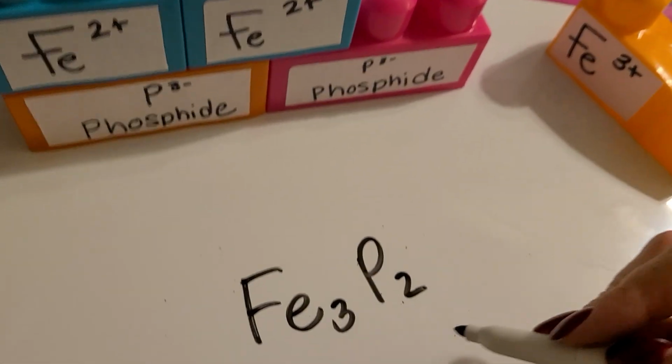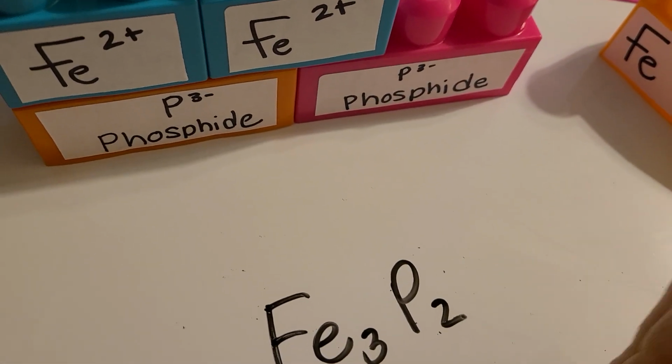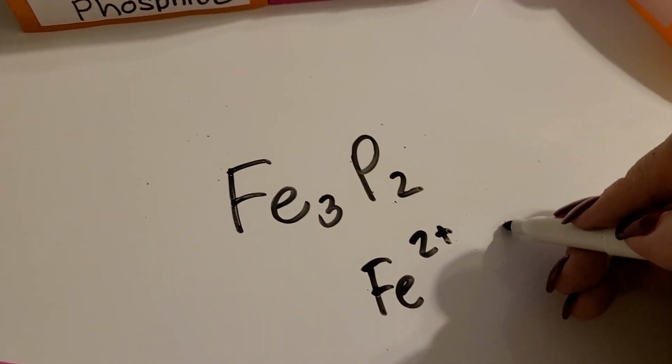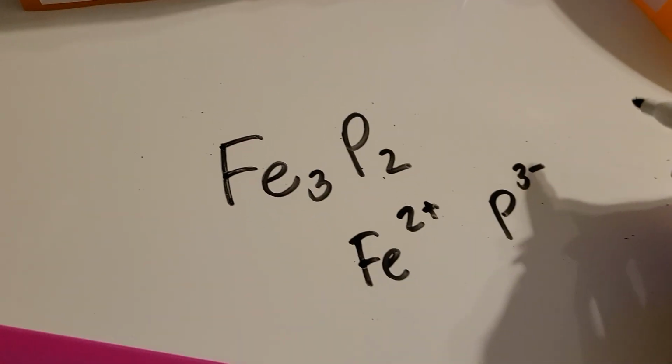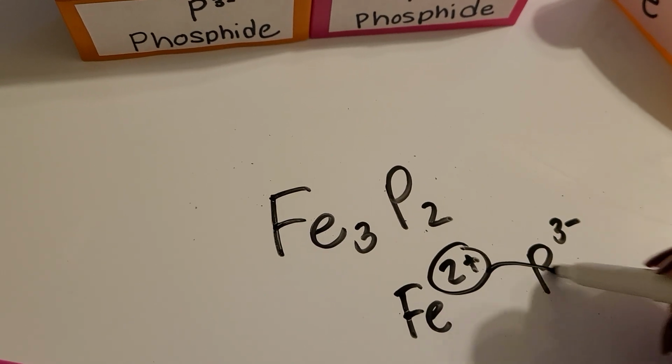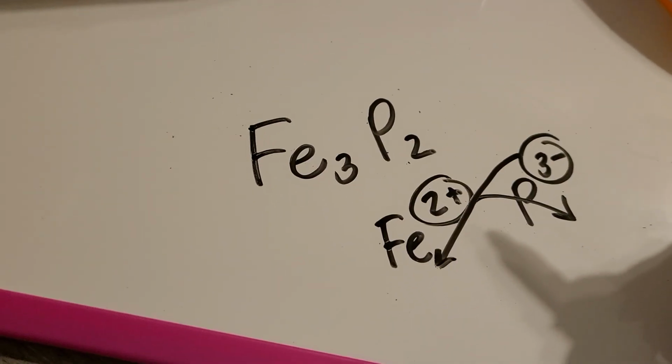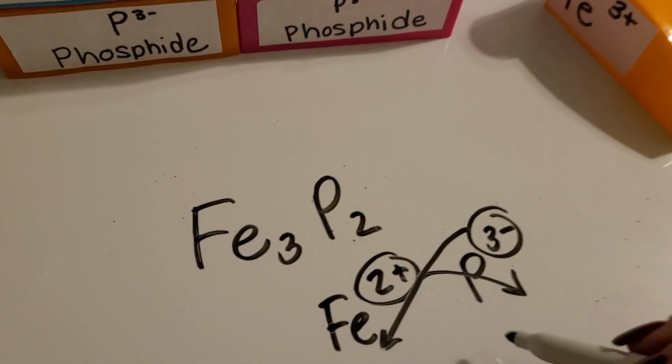And that came from the fact that the Fe was a 2 plus and the phosphorus was a 3 minus. So when you crisscross these charges here, they're going to become the subscripts on the compound. And how would we write that in a word?